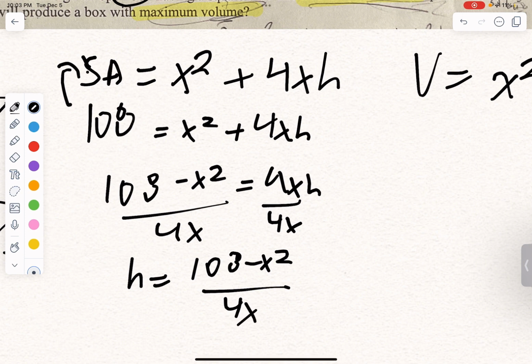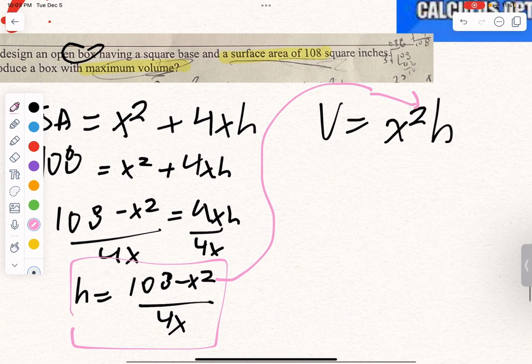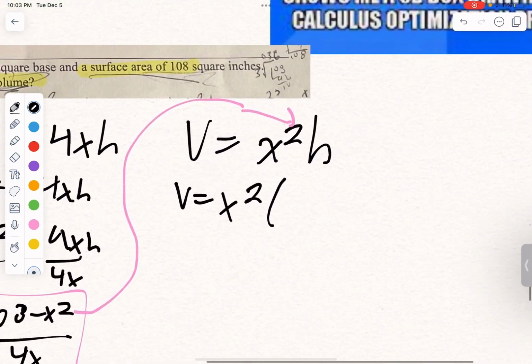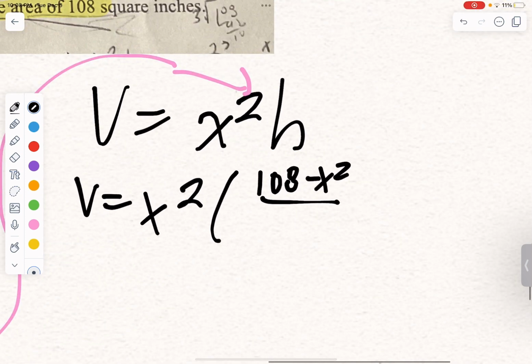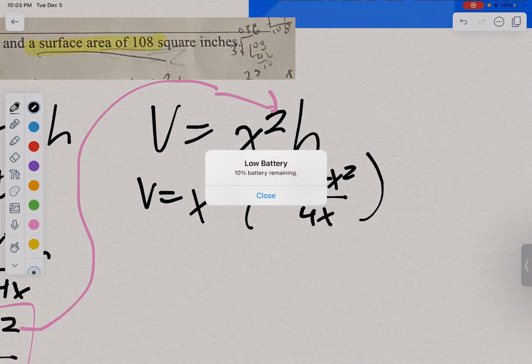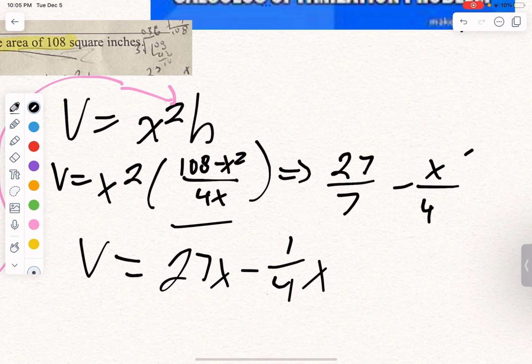And then we're going to take this and plug it into this H. So then you're going to get V is equal to X squared times 108 minus X squared over 4X. And once you distribute that, the volume is going to be 27x minus 1/4 x to the third.